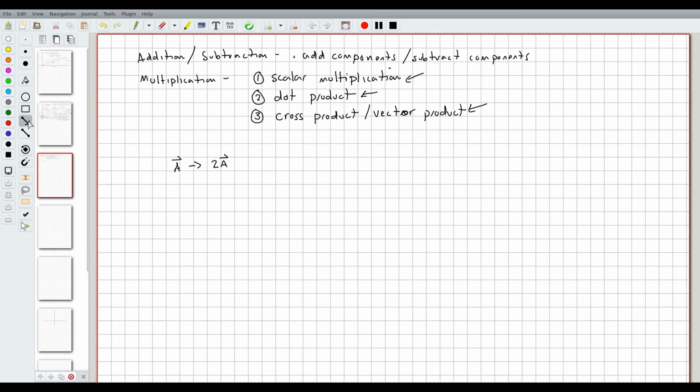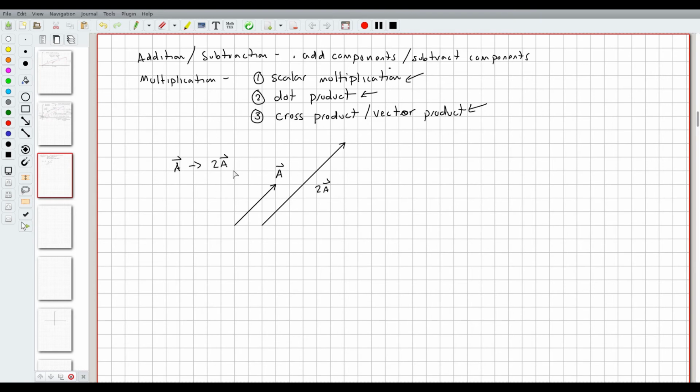If I were to visualize that vector this way, this is A. Two A would look like this. Twice as long. Okay? It's twice as long.